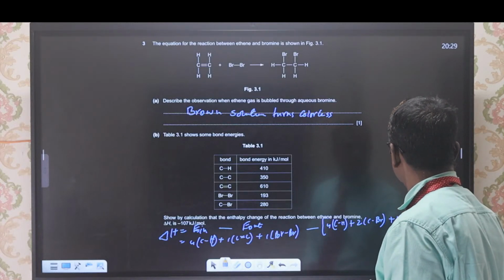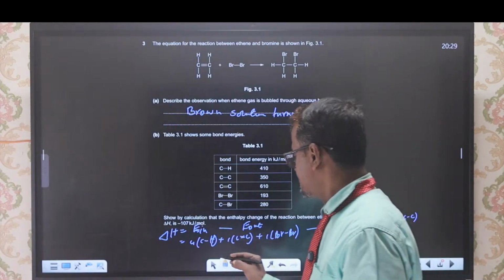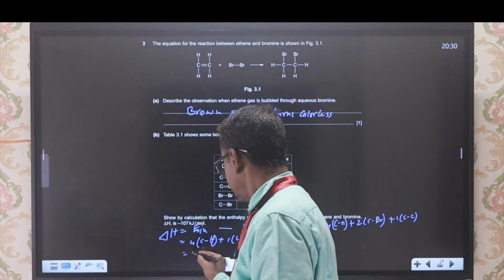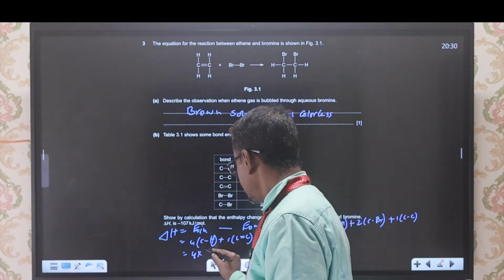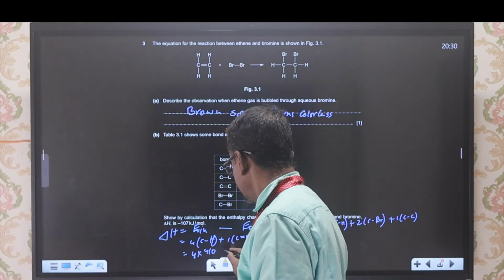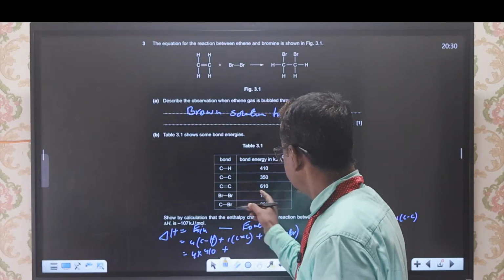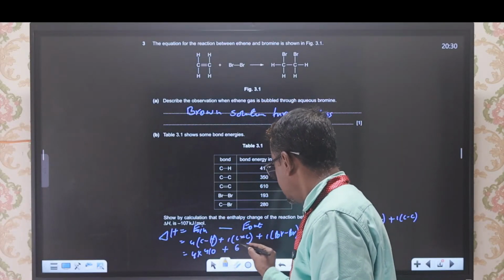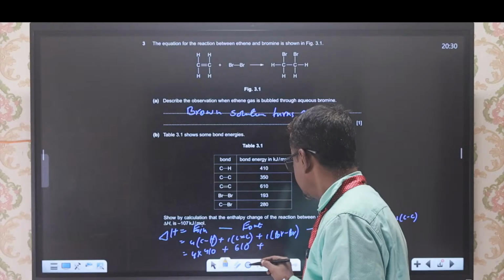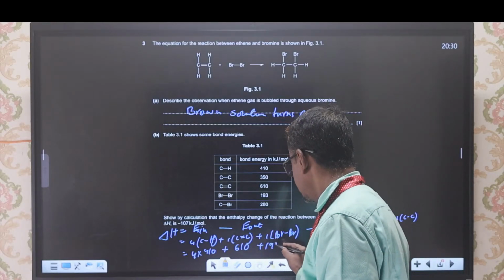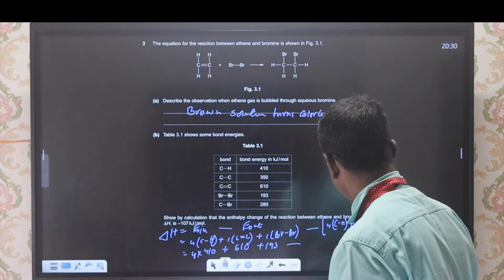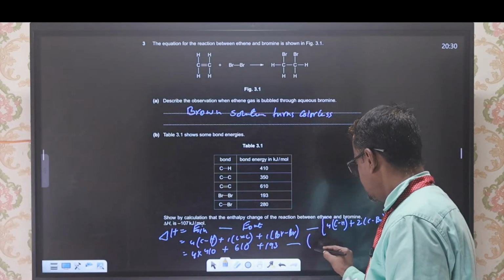Now we put the values. Four times carbon hydrogen is 410, plus carbon double bond is 610, plus bromine is 193, minus.